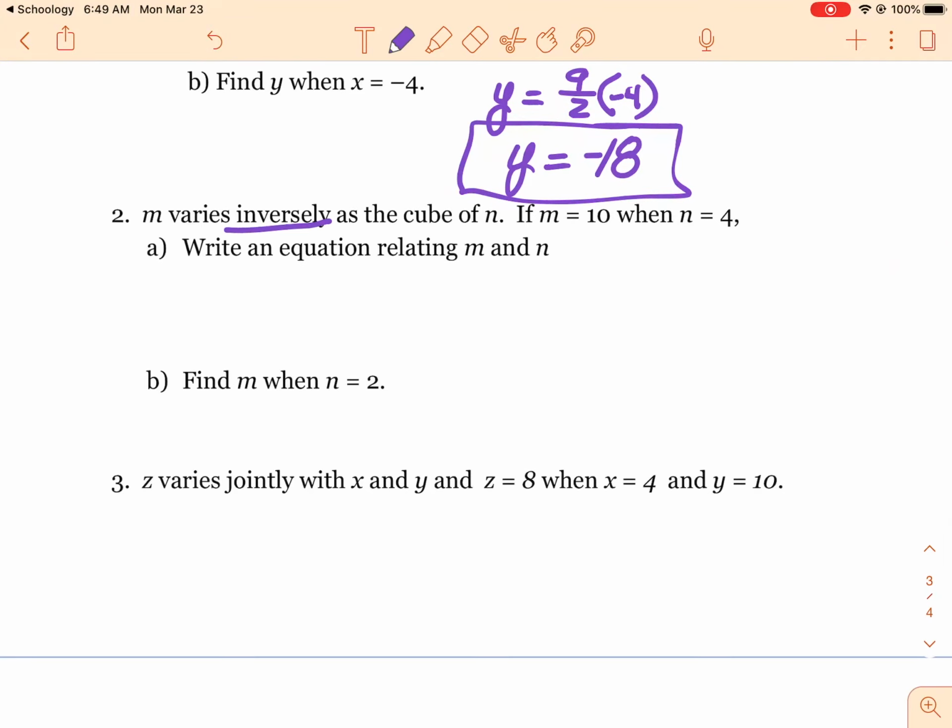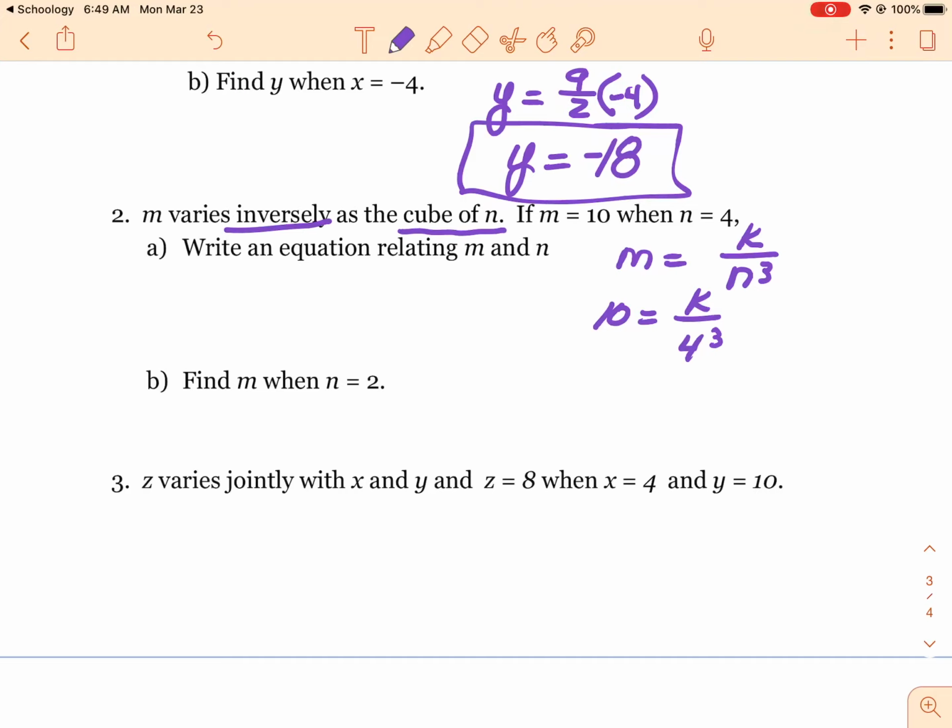M varies inversely as the cube of n. So cube of n, we're thinking n cubed. So m varies inversely, and inversely was k over the cube of n, so n cubed. They're going to give us m equals 10, and they're telling us n is 4.